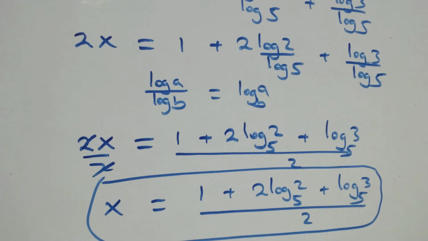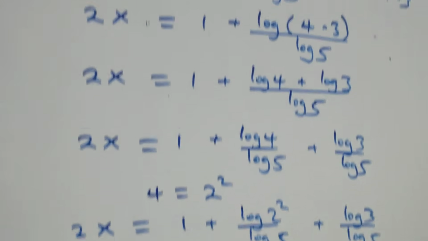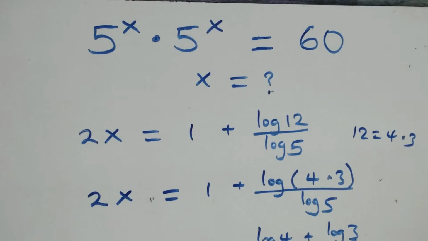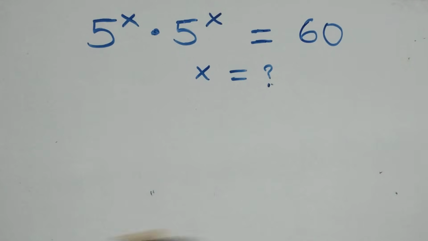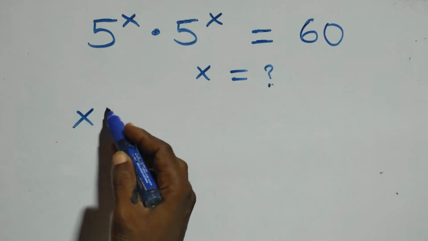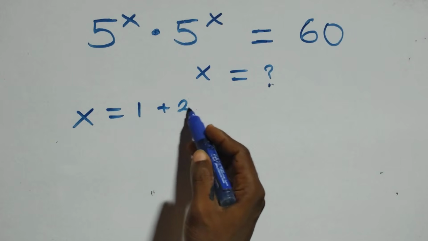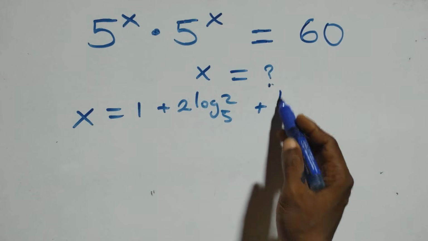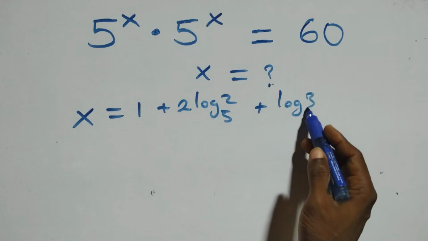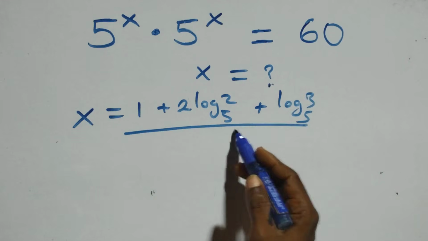Then let's check if this satisfies the given problem. I will just substitute the value of x here, which is x equals 1 plus 2 log 2 base 5 plus log 3 base 5, all over 2.